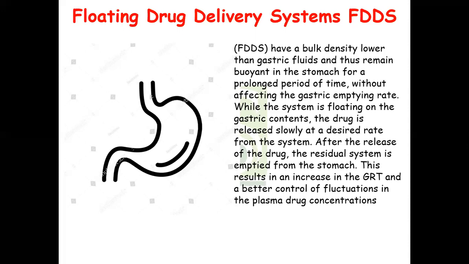So this FDDS has a bulk density lower than the gastric fluids, and thus it remains buoyant in the stomach for a prolonged period of time without affecting the gastric emptying rate.